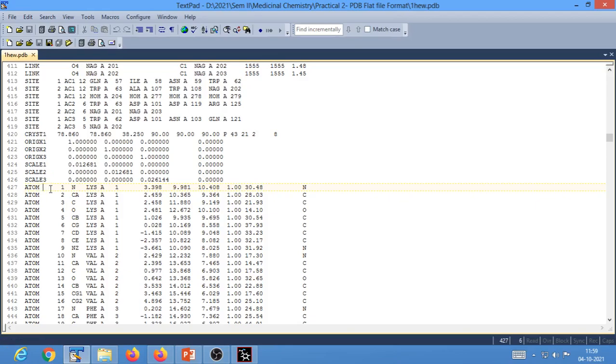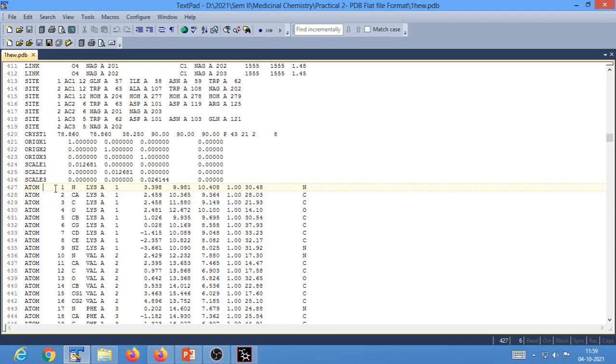So this line starting with the keyword ATOM has how many columns? 1, 2, 3, 4, 5, 6, 7, 8, 9, 10, and 11. It has 11 columns, and structural information is usually provided in these 11 columns.